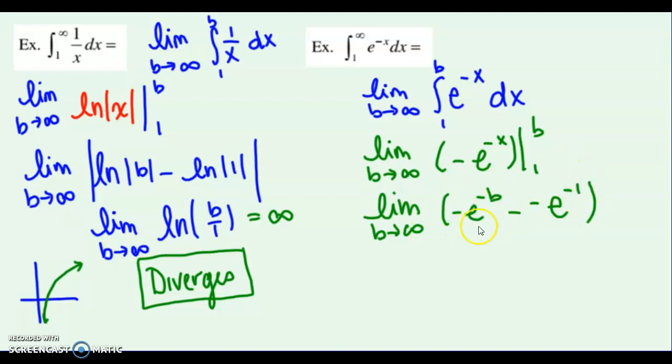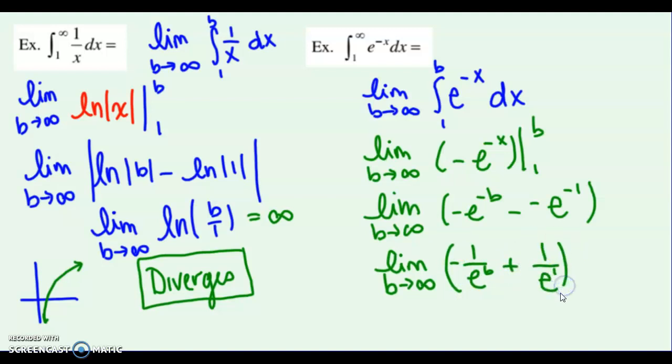Now let's rewrite those and see what that actually looks like. The limit as b goes to infinity of the opposite of 1 over e to the b plus 1 over e to the first.